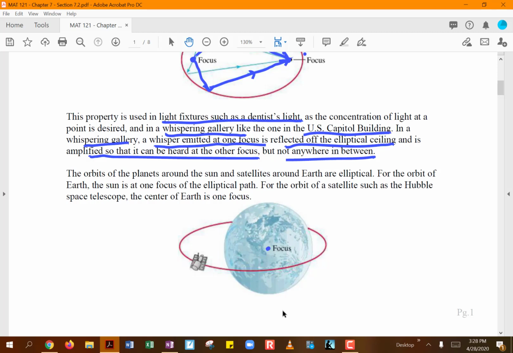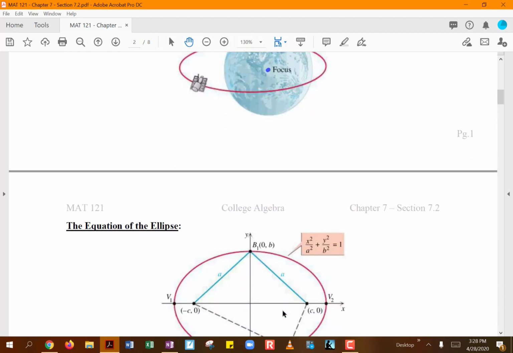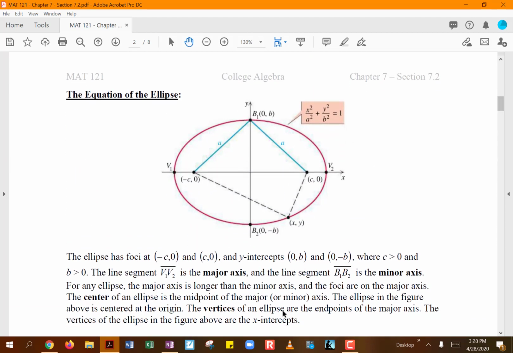So it's kind of neat when you think about how the shape of the ellipse is something that we see being used in so many different natural occurrences, or even like we said, in a light at a dentist's office, or in a whispering gallery. All right, so let's take a look at the equation of the ellipse now.